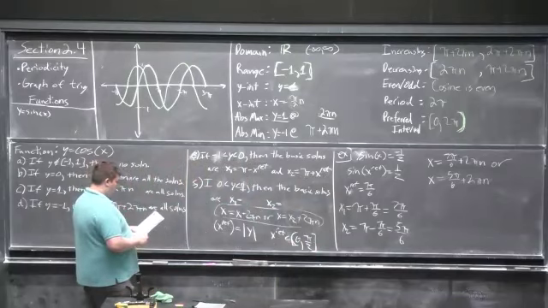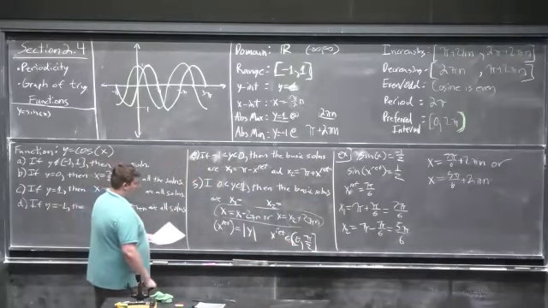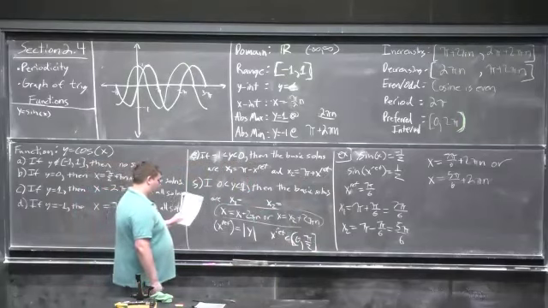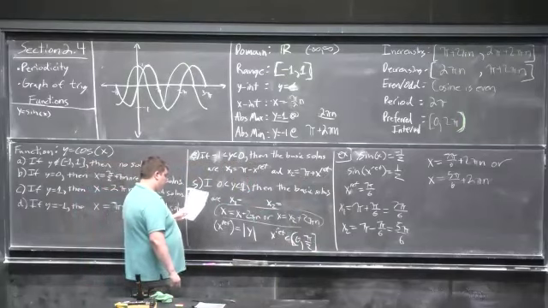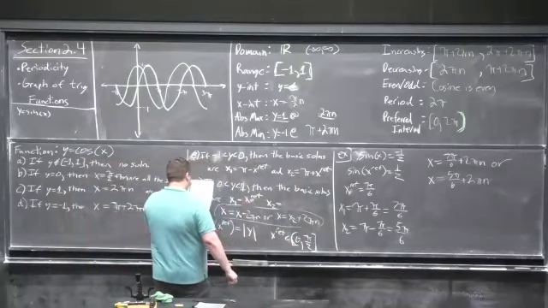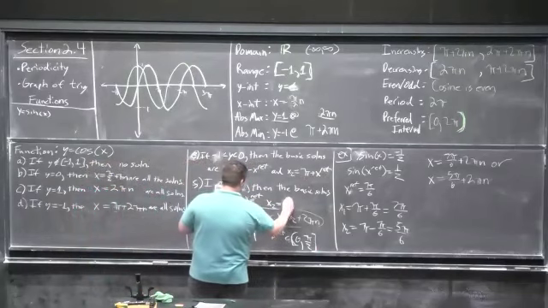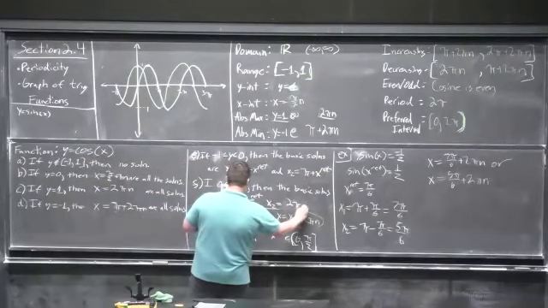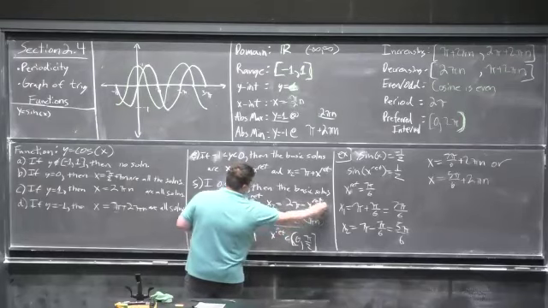And if we're positive, but less than 1, then we have x1 equals x reference, and x2 equals 2 pi minus x reference.